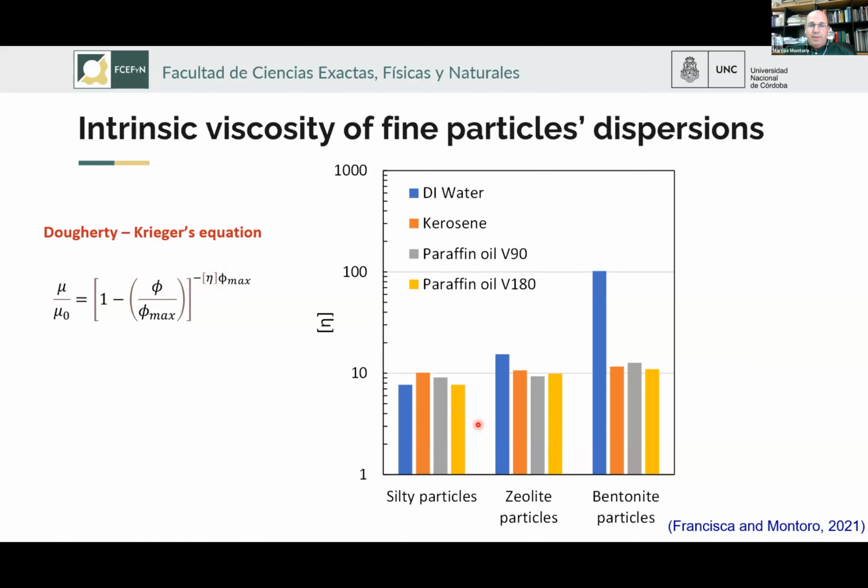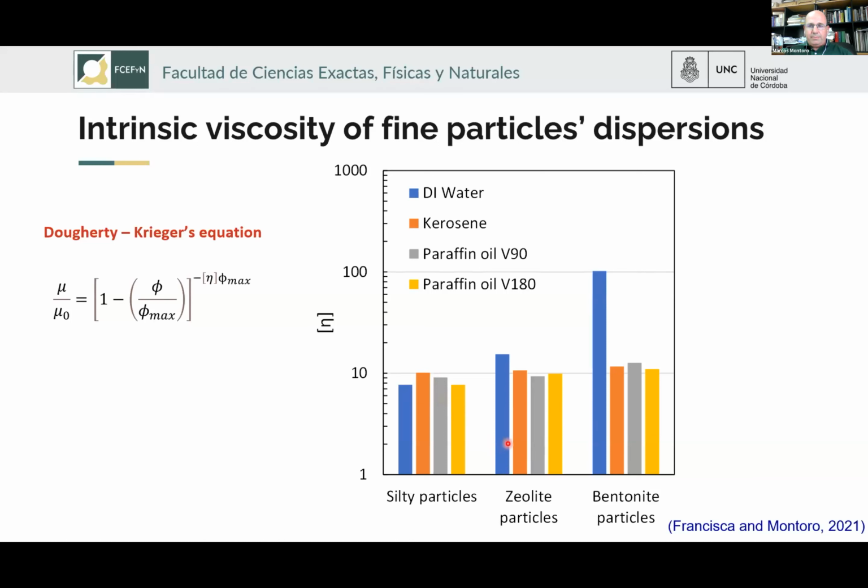This figure shows very small differences, or very similar values, for the dispersions of the different types of fine particles when the intrinsic viscosity was determined for the dispersions using the NAPLs as suspending fluids.